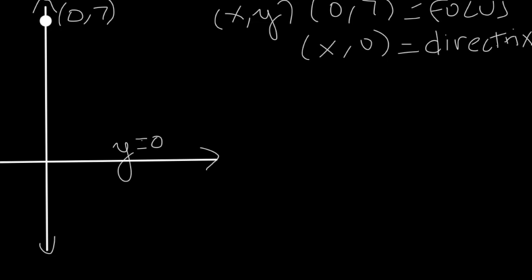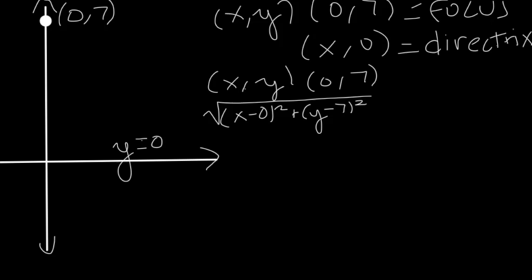Now, all the coordinates (x, y) have to be equidistant from both the focus and the directrix, so we use the distance formula. We want to find the distance between all the points possible, (x, y), and the focus, (0, 7). Then we find the distance between (x, y), once again, and the directrix, (x, 0).